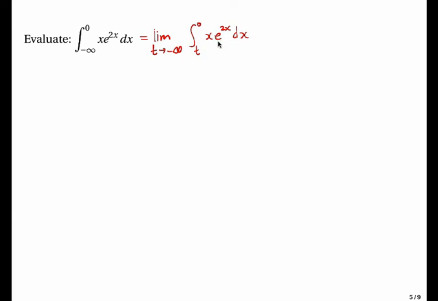And then let's work on this integral here. Particularly, let's find the antiderivative of x e to the 2x dx.